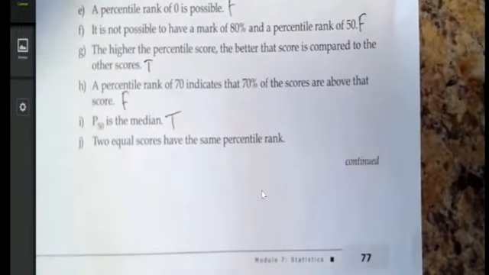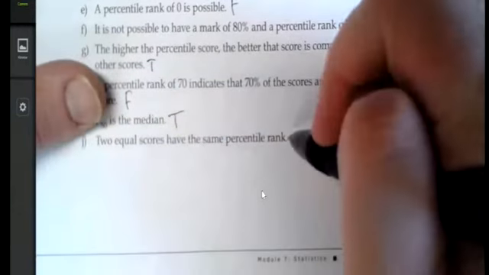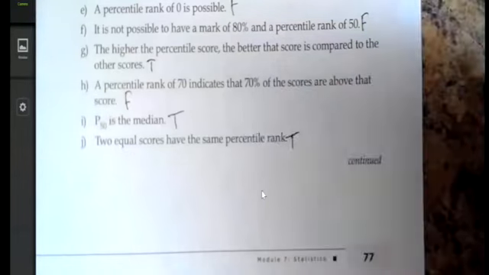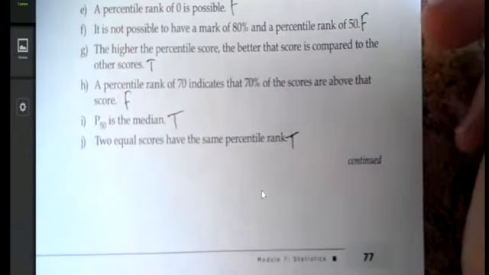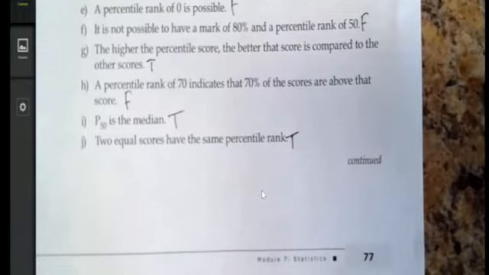That's what they call it. 2 equal scores have the same percentile rank. Yes. If those scores are on the same test, then of course they'll be in the same ranking. If you have exactly the same mark on the same test, you'll have the same percentile rank. Of course you would. 2 different marks on 2 different tests. It's another story.